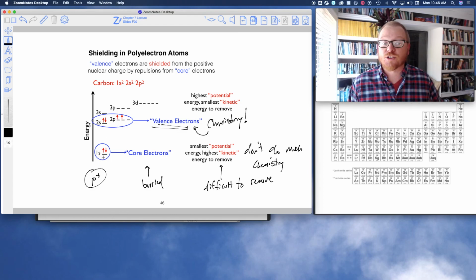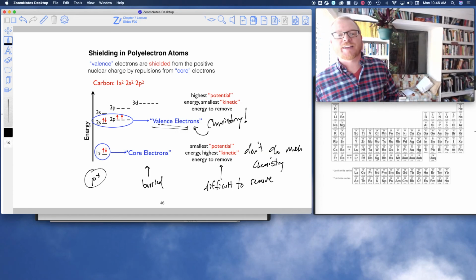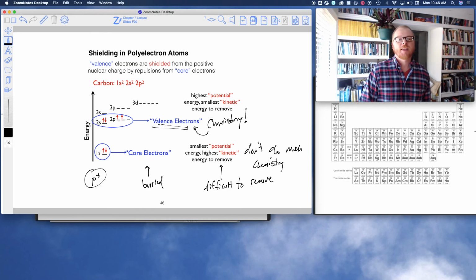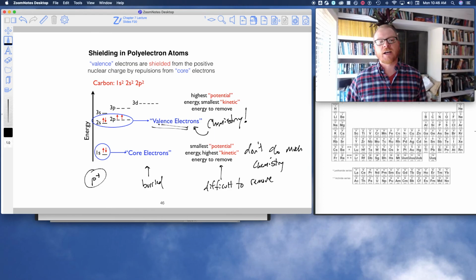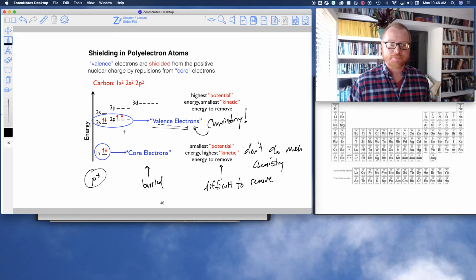So the valence electrons get shielded. They get blocked by that. And the result is the valence electrons are really easy to remove. It's the valence electrons that are getting exchanged in a redox reaction, for example. So when we talk about oxidation as loss, reduction as gain, that's happening with the valence electrons.